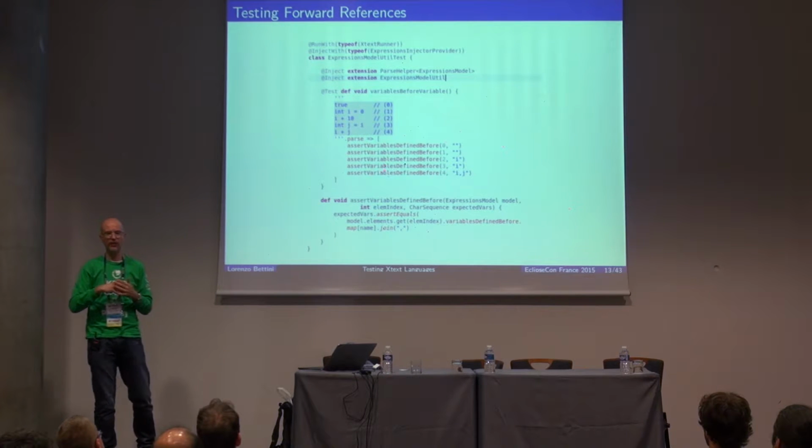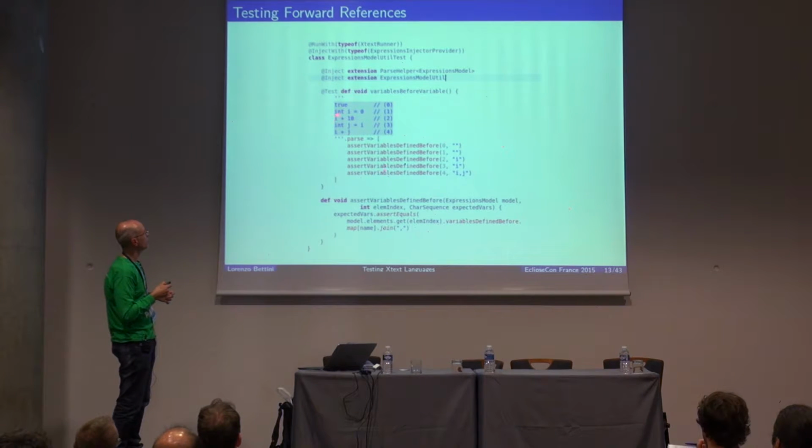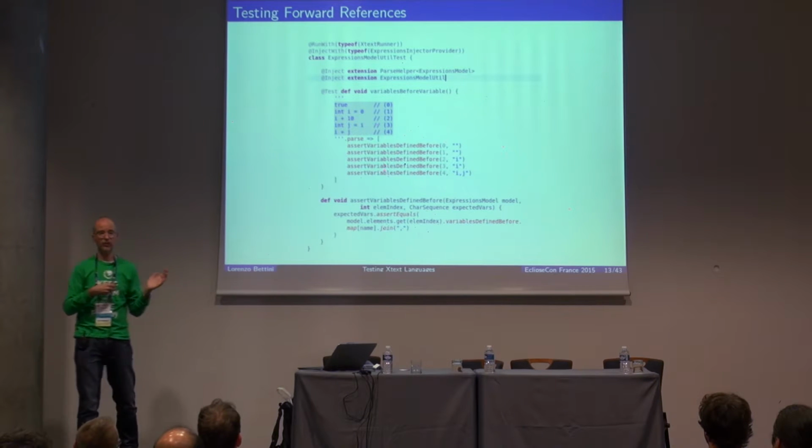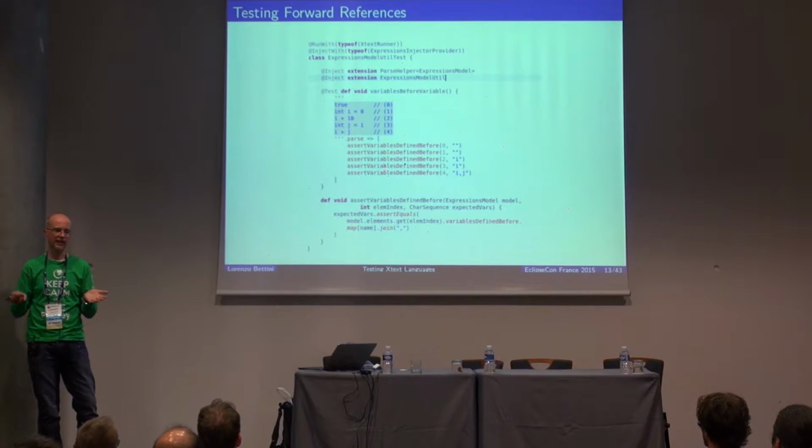The implementation can be found online. So for example, I make sure that before this expression, there are no variables. Before this expression, there are no variables. Before this expression, only the variable i is returned, and so on, okay? This way, I'm sure that my class works as expected.